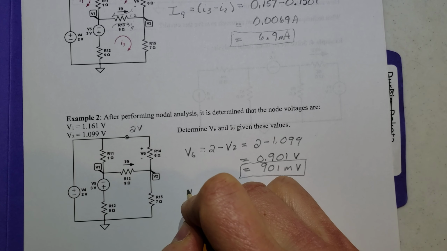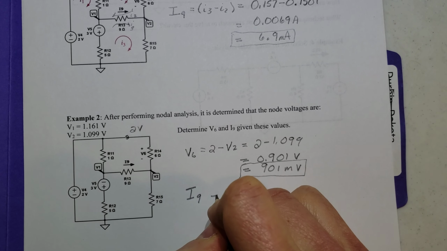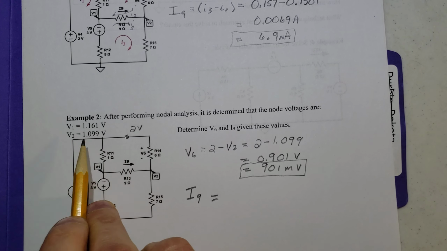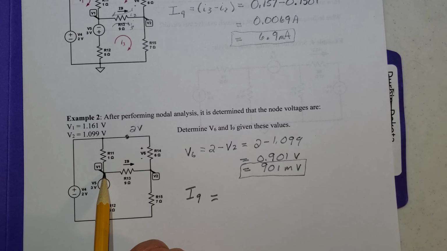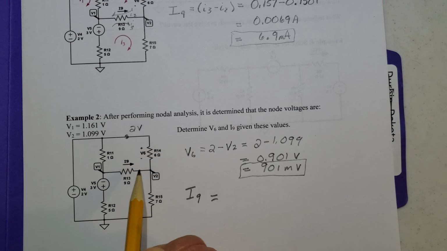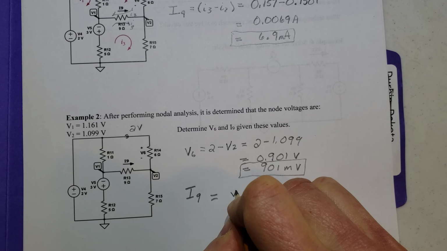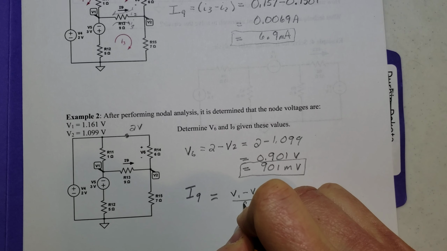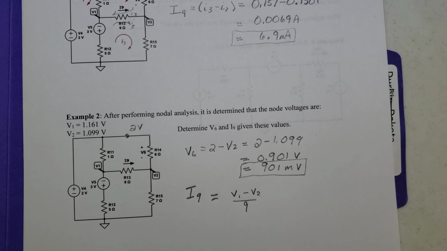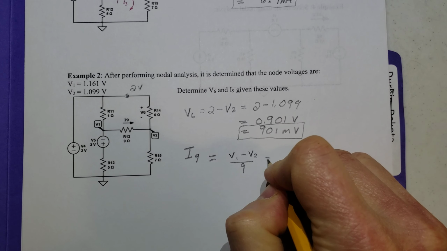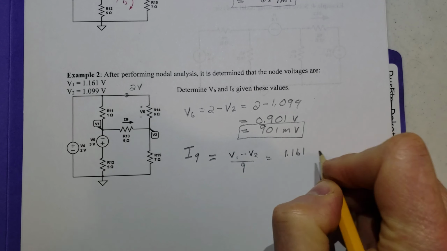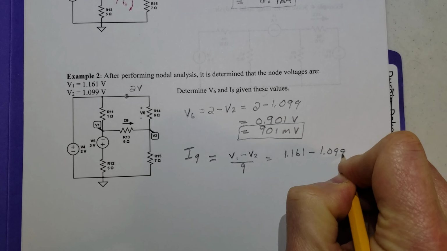Now let's take a look at I9. Well, we actually used the current I9 when we were writing the KCL equations. So when we wanted to know what the current running out of node 1 was, assuming we were using nodal, the current going out, what did we do? We said V1 minus V2 divided by 9 represented that current. So V1 minus V2 over 9 represents this current I9. And when we do that, we get 1.161 minus 1.099.